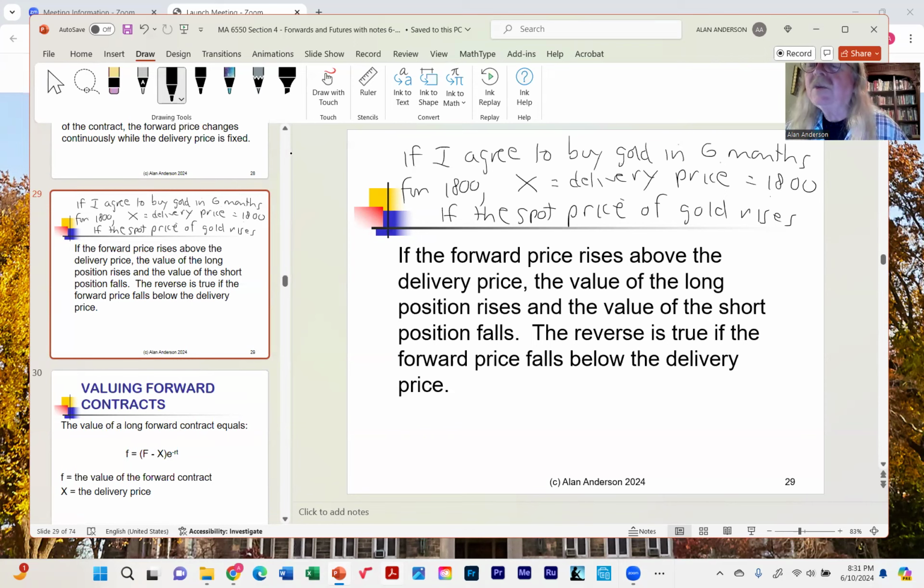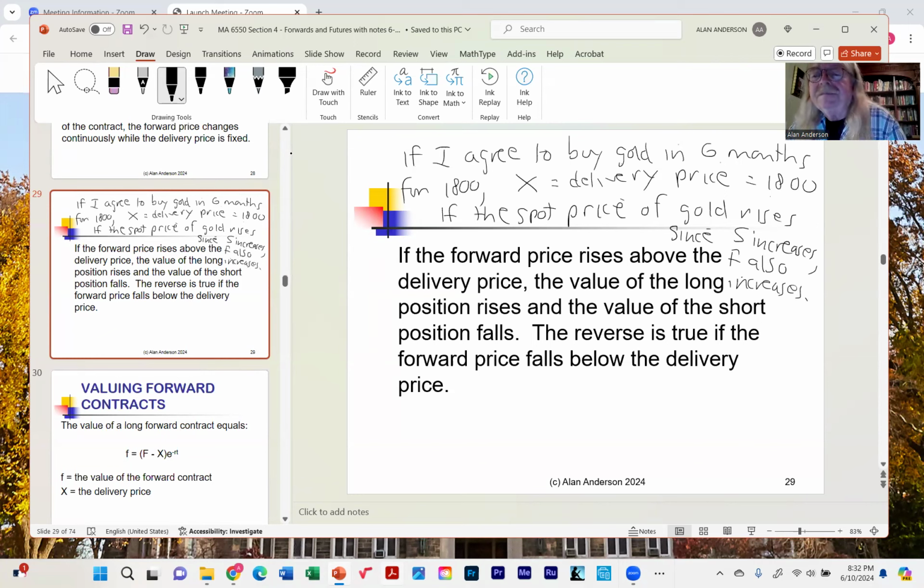My contract is actually worth more than it was yesterday because I have the ability to buy gold for 1,800 when it's worth 1,900. So F has to increase. So since S increases, F also increases. Now it could go both ways.